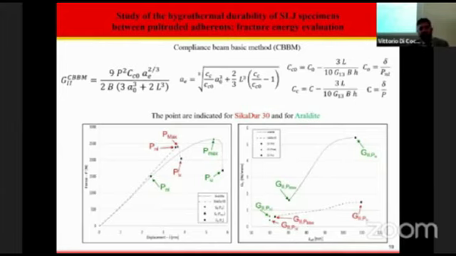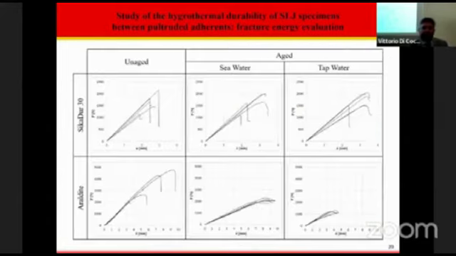Parallel to this three-point load, we can evaluate the 3 different fracture energies. This one is the classical fracture energy, and this one, the first point, is the fracture energy at the end of the linear elastic behavior. We evaluated finally the fracture energy for unaged specimens, for aged specimens in seawater and in tap water.